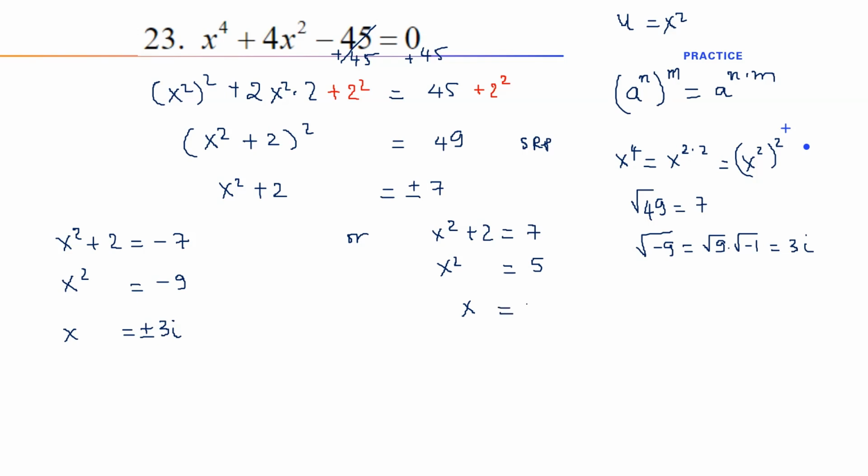So x will be equal to plus or minus the square root of 5. And the highest degree in this equation is 4. So we have 4 solutions.